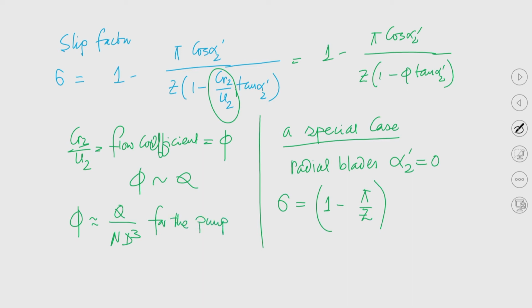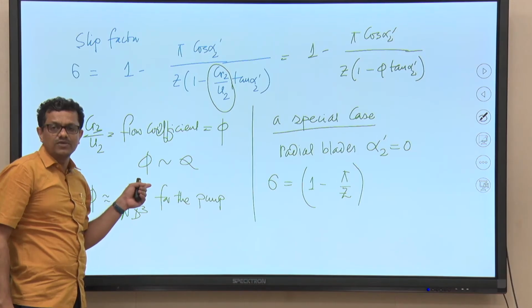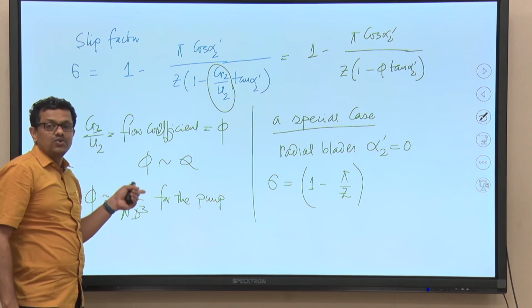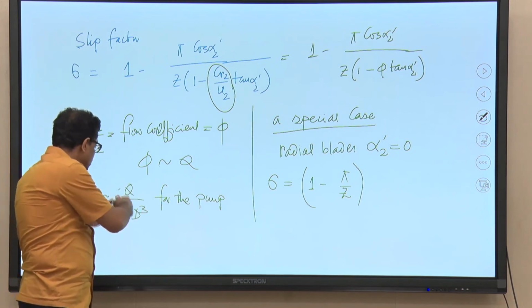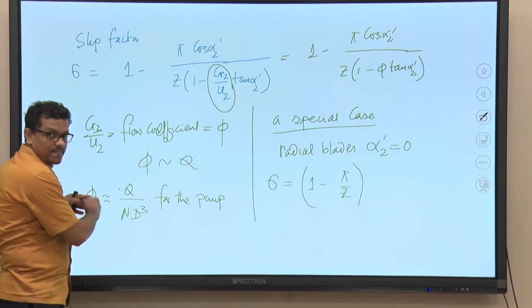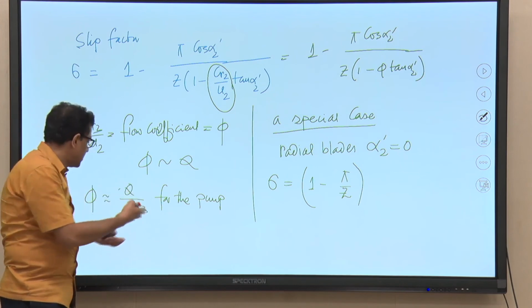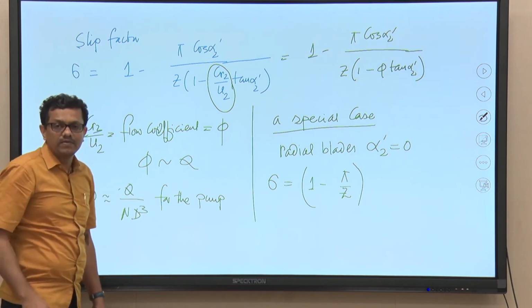For the pump this is Q by n d cube, and this flow coefficient can be used in order to compare two geometrically similar pumps with one another with a varying rotor diameter. So, this flow coefficient is very important, which is used to compare geometrically similar pumps with a varying rotor diameter to determine the Q and n. So, basically if I know the phi, if I just vary the rotor diameter, if the machine is a geometrically similar machine, then I can calculate Q and n, and that is the performance parameter.